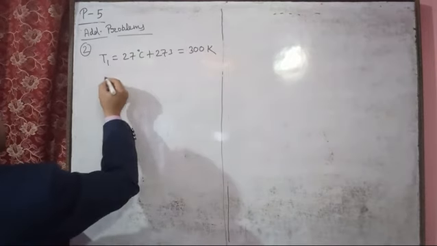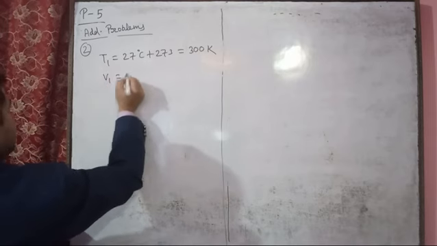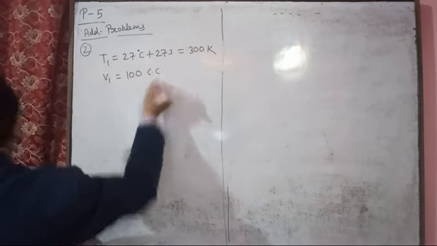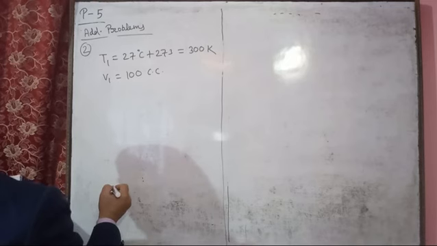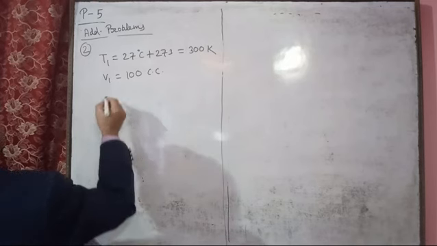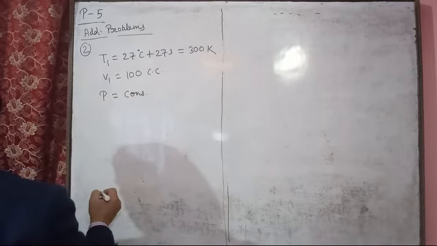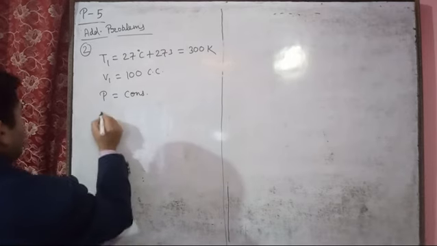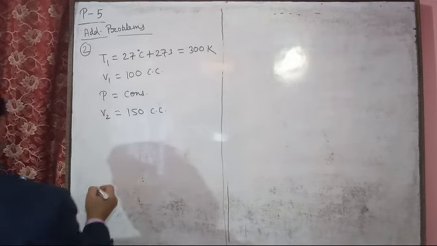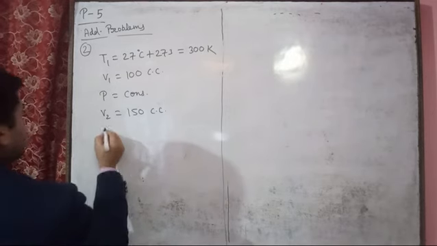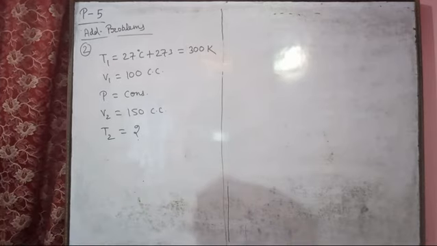V1 is given as 100 cc. The pressure is constant, and V2 is given as 150 cc. We have to determine T2.